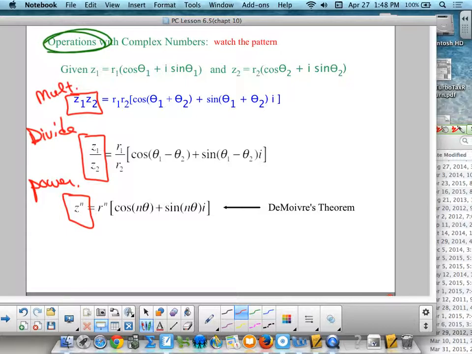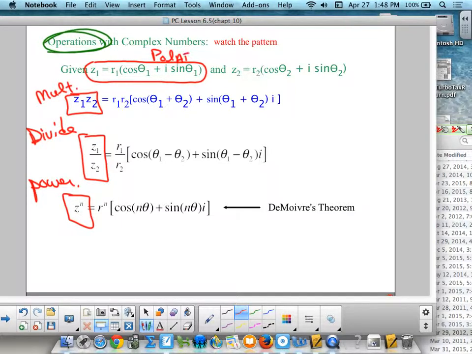So we're going to do 3 things with our complex numbers. And by the way, all your complex numbers are in what form? Polar. I'm giving you your complex numbers in polar form.